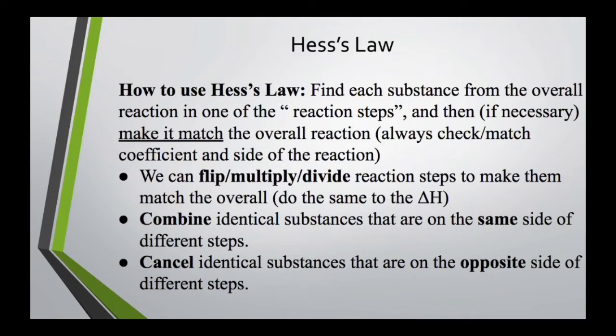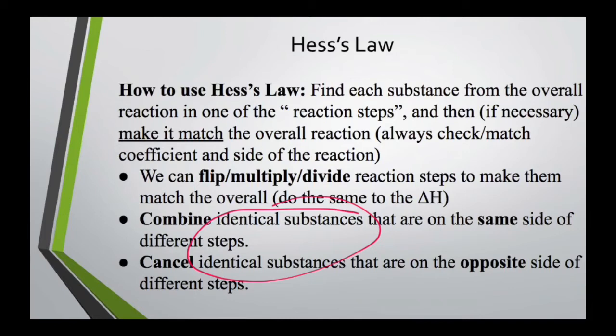Now, you'll notice that this tells us that we can combine identical substances that are on the same side of different steps, different sub-reactions. We can also cancel identical substances that are on opposite sides of different steps. And I'll show you how this works, but really when it comes down to it, you should kind of ignore any substances that are identical things in more than one of the steps. If you notice that happening, skip it.